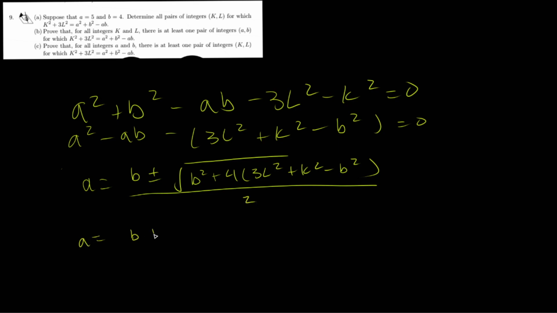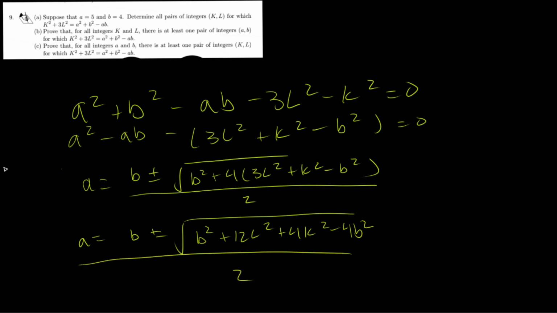A would equal b plus or minus the square root of b squared plus 12L squared plus 4k squared minus 4b squared, all of that over 2. I'm just going to move this up so I have some space.